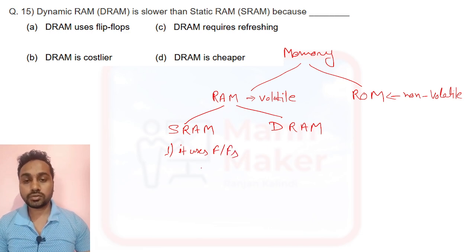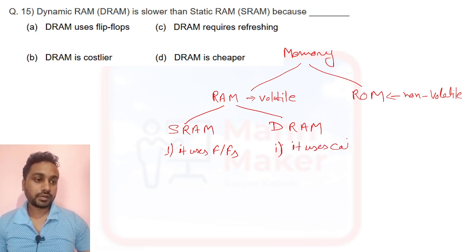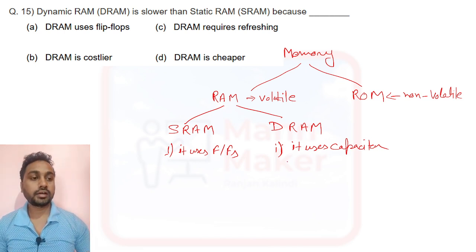And if we talk about DRAM, it uses capacitors to store. SRAM uses flip-flops, and DRAM uses capacitors to store.